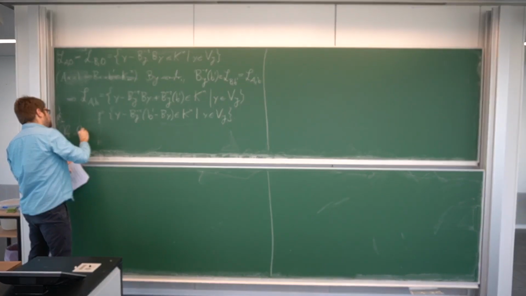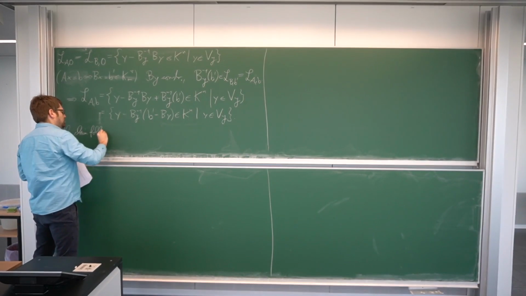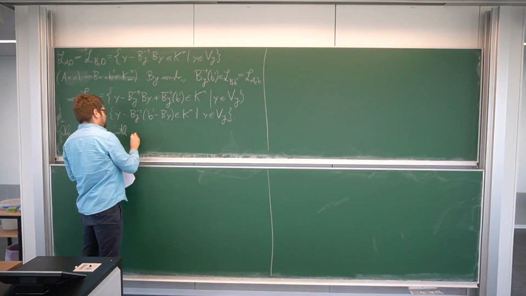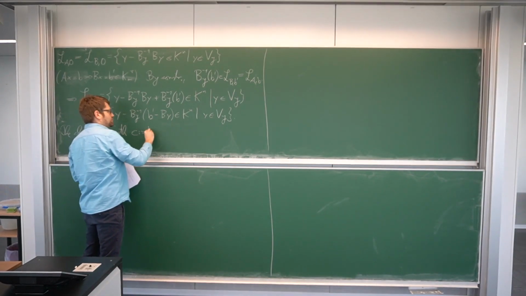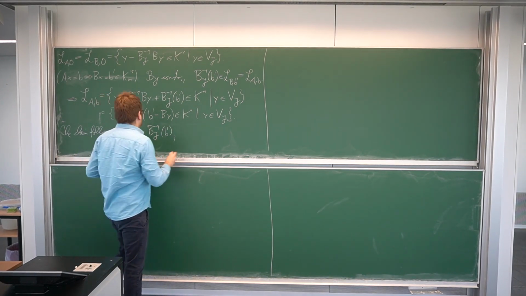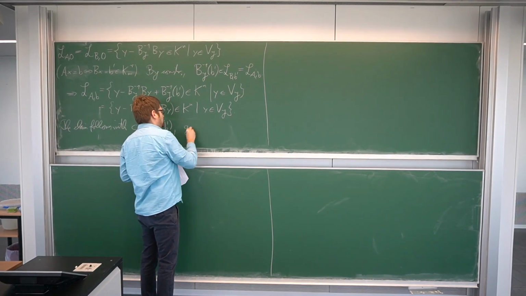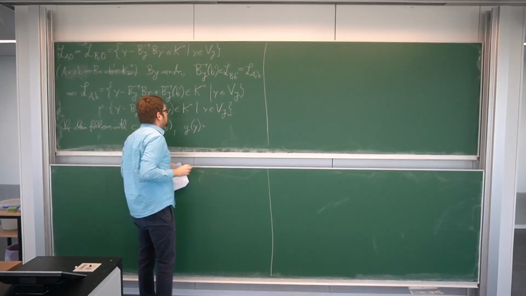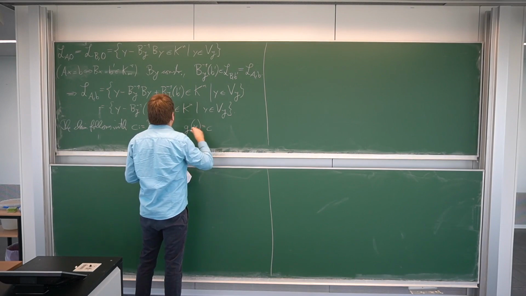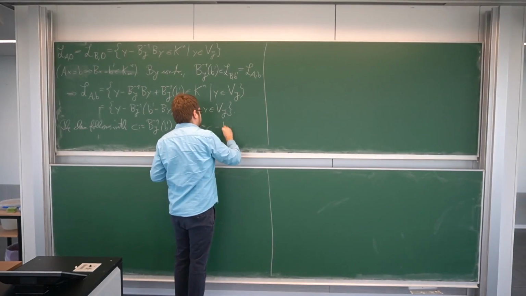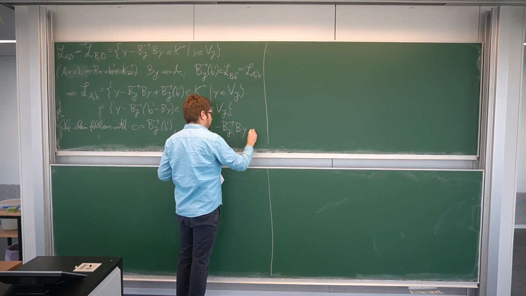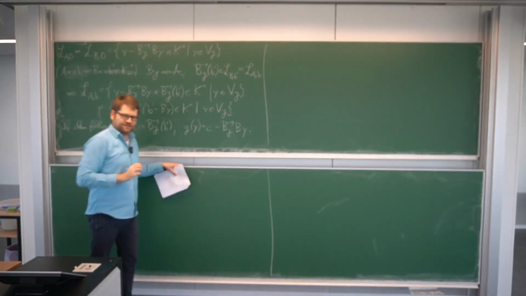The claim follows with putting this to be C. And G, this small g that we had in the assertion, must just be this, with the point C, let's call it already C here, and this here: minus Bj minus 1 By, which is uniquely defined. So this does the job.